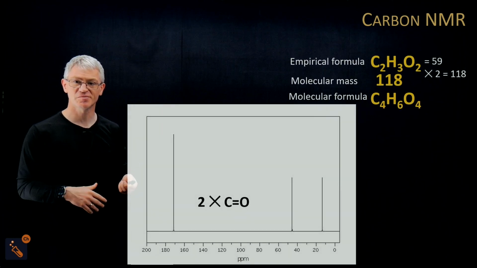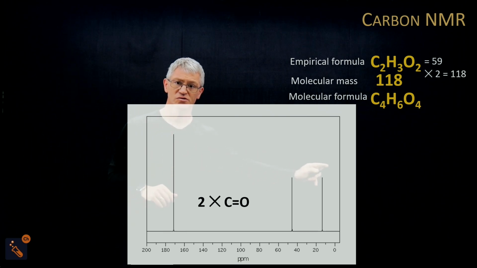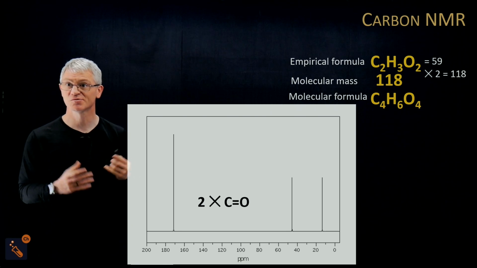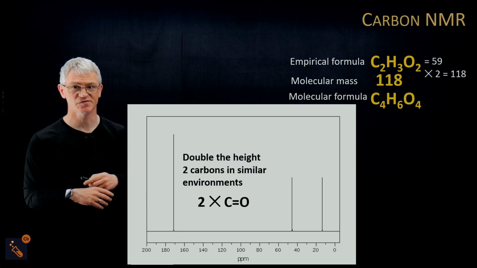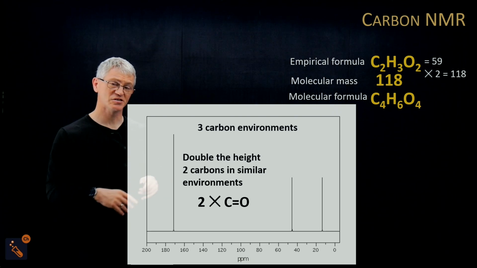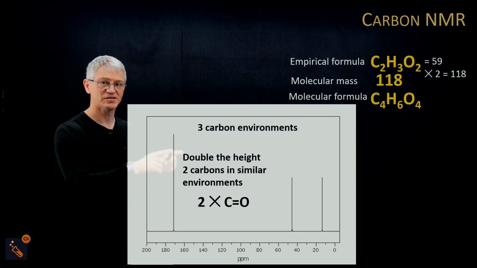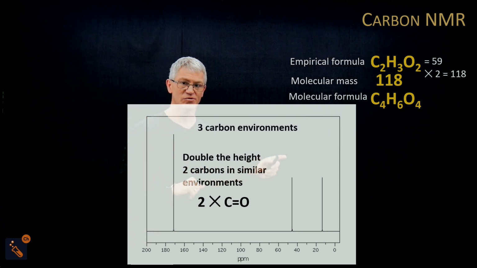Carbon NMR has 1, 2, 3 environments. That's what you have to say in the exam to get yourself a mark: 3 carbon environments. What you do notice, and they'll have it exact in the exams, is that this line is double the height of this line and this line.